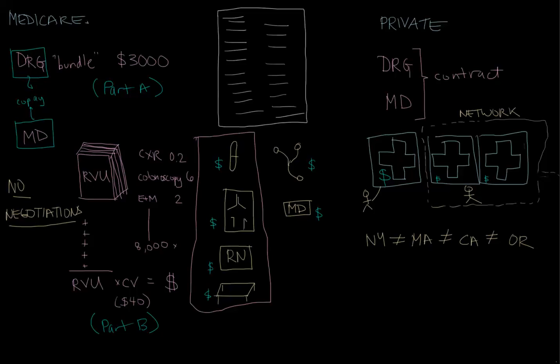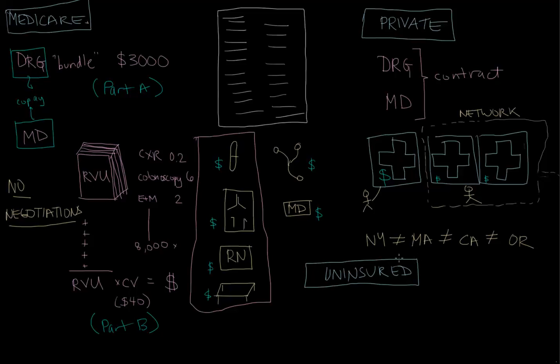We've talked about both Medicare as well as private insurers, but let's not forget there's a third category as well, and those are people who are uninsured, or they pay all their expenses out of pocket. What happens to them? Well, they actually have the hardest and worst deal of all.